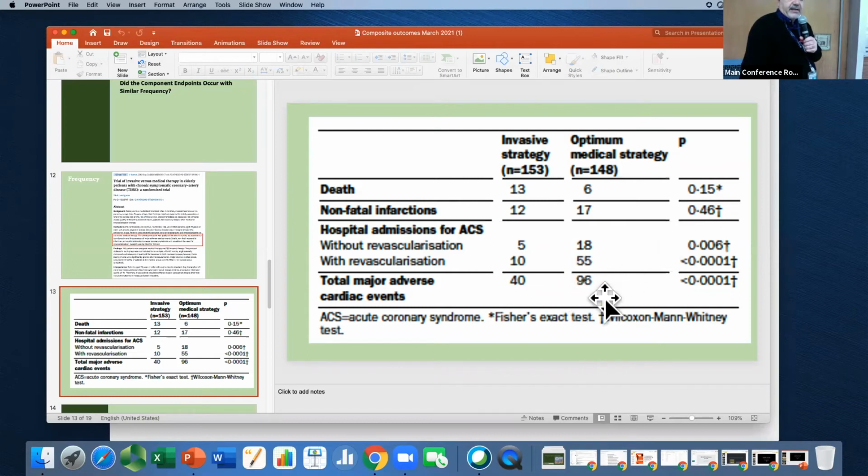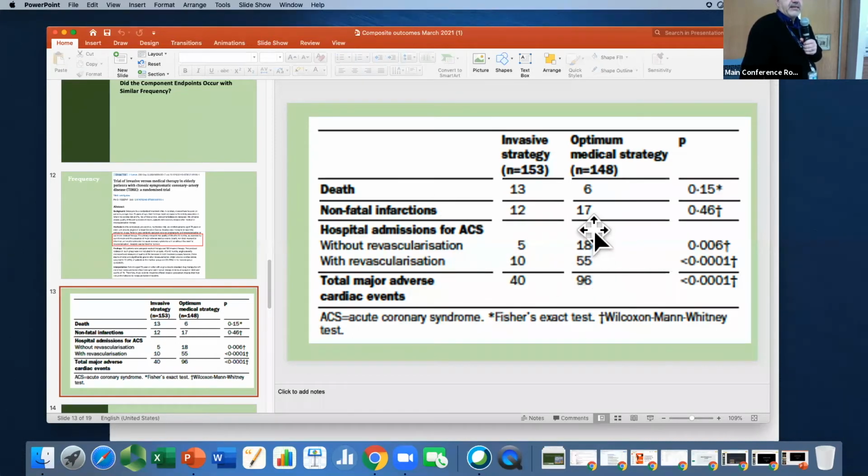But out of 96 patients who met this composite outcome, 74 of them were hospital admissions for ACS. So only one of the endpoints contributed to the majority of the numbers. So if they did not have this hospital admission for ACS here, the difference would not have been statistically significant.